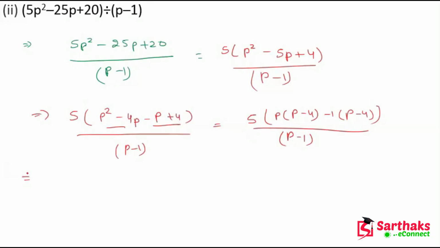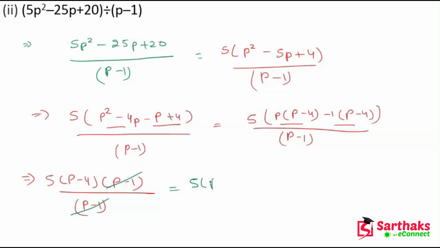Now again we have 2 terms, so we can take p minus 4 as a common, so we get p minus 4 into p minus 1, and in the denominator it is p minus 1. This p minus 1 and this p minus 1 cancel, so we get 5 into p minus 4. This is the answer of this part. I hope you understand these things.